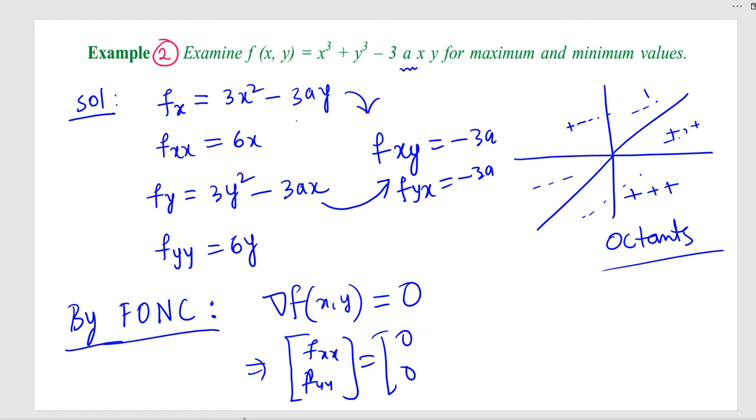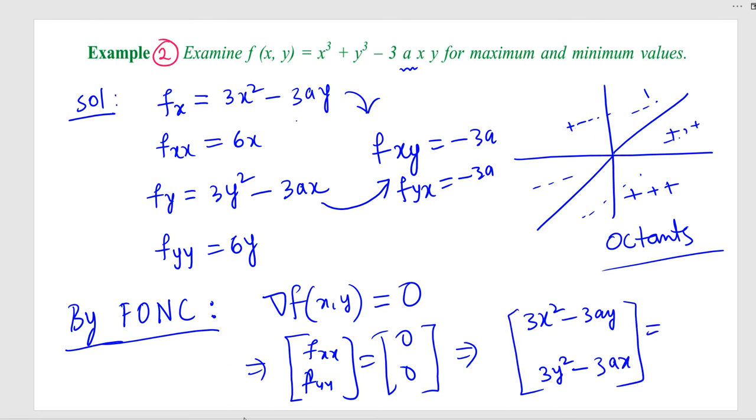So this will indicate that 3x square minus 3ay, and then we have 3y square minus 3ax, both are 0 comma 0.